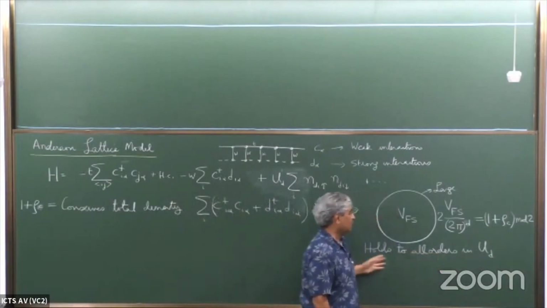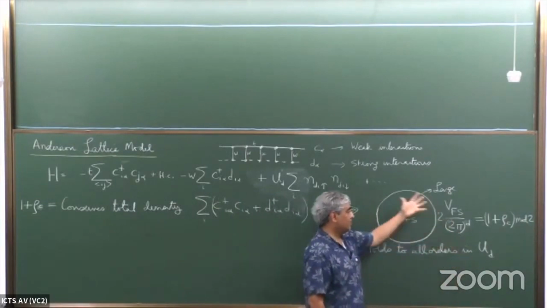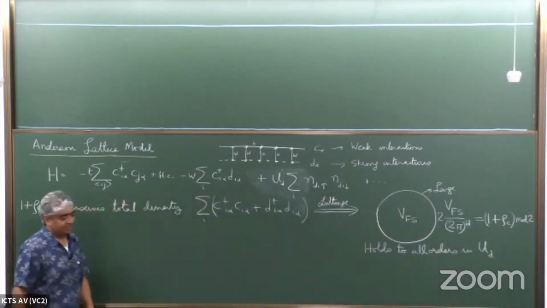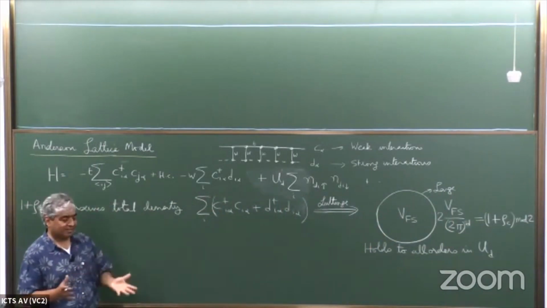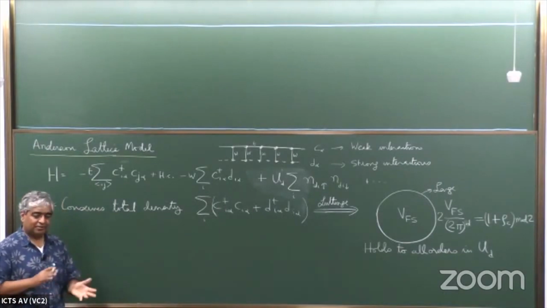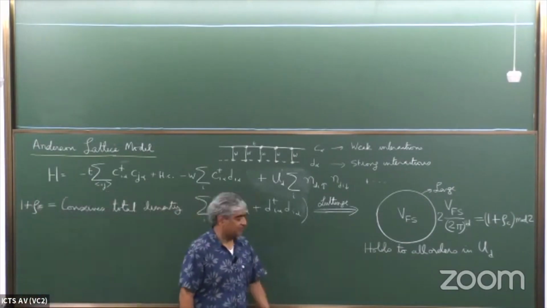Even though it holds to all orders in UD, at large UD, there's a possibility of getting other types of Fermi surfaces. And this is intimately connected to fractionalization and the existence of spin liquids. And what I want to do today is give some indication of how that connection arises.